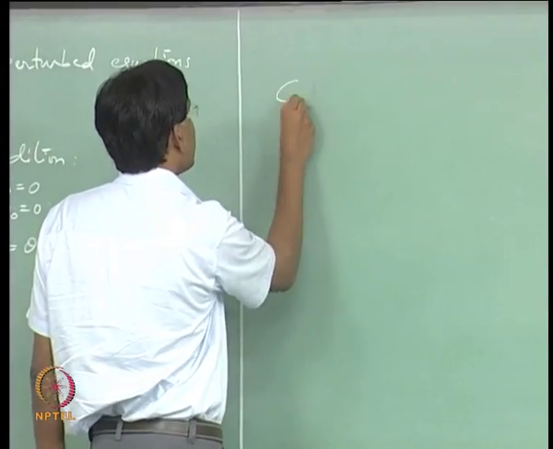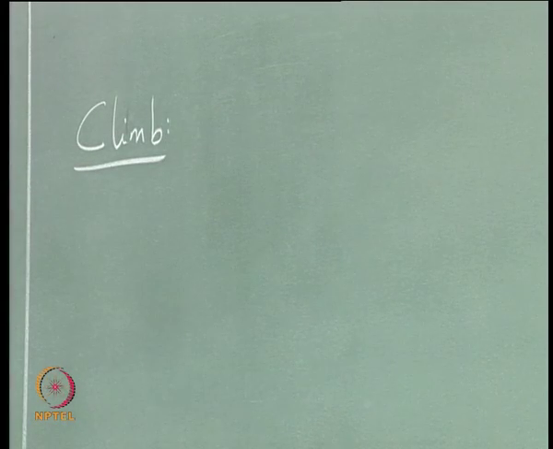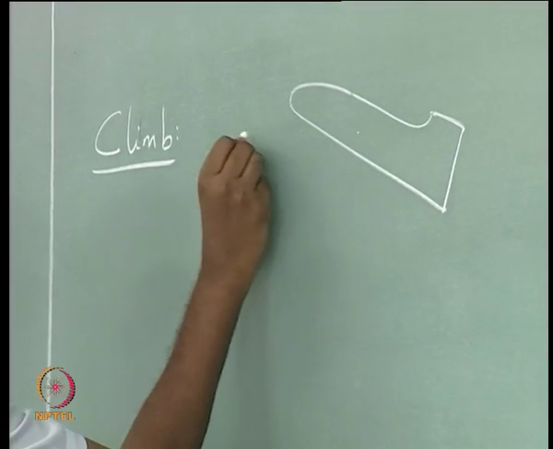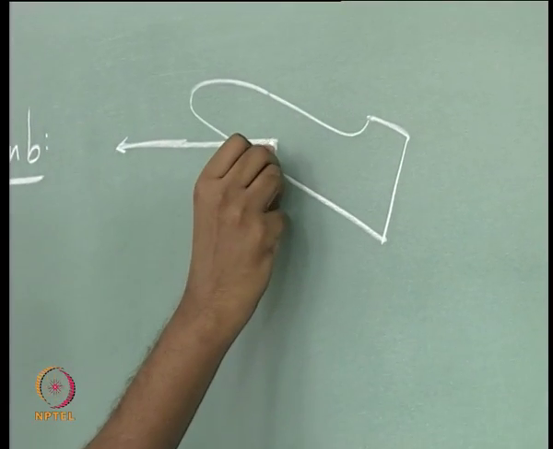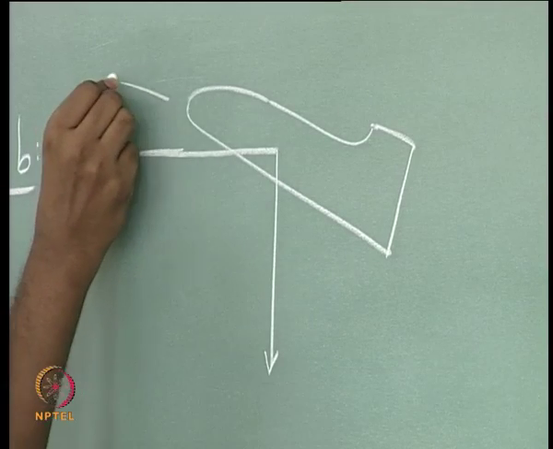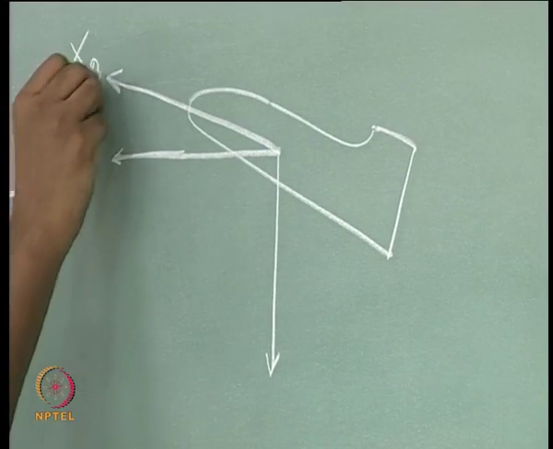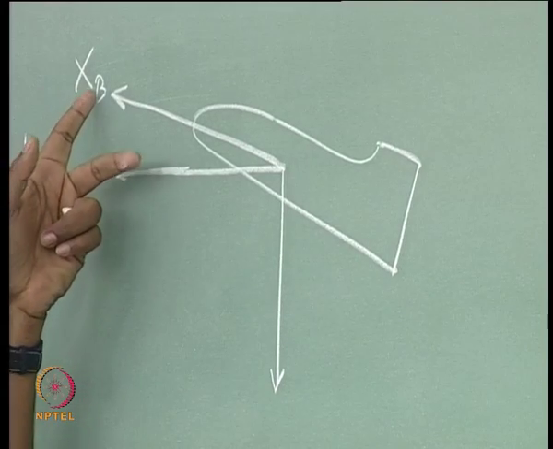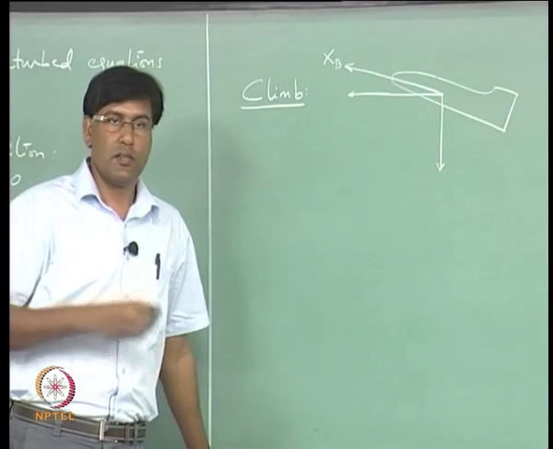So, one is climb. From the local horizon, this axis xb is making an angle which is theta naught.